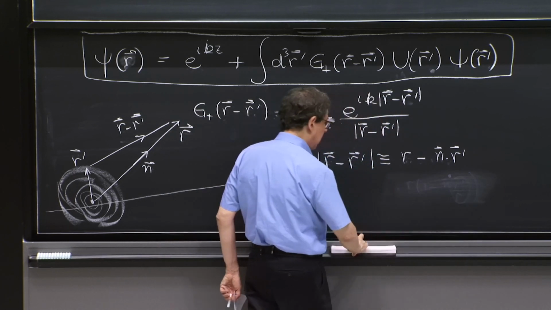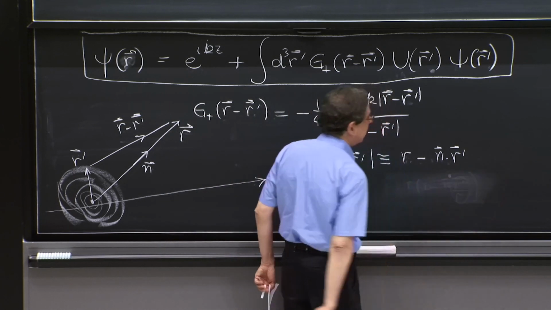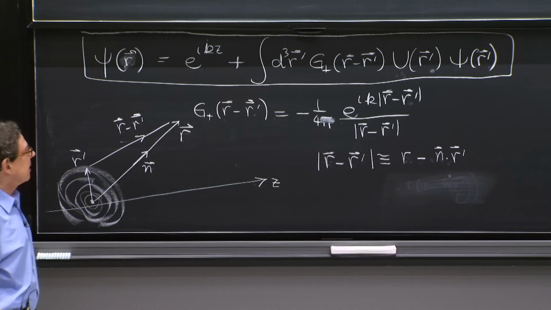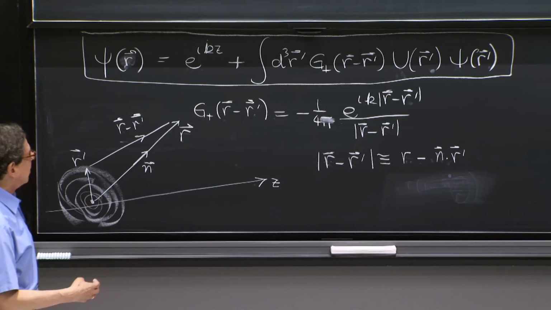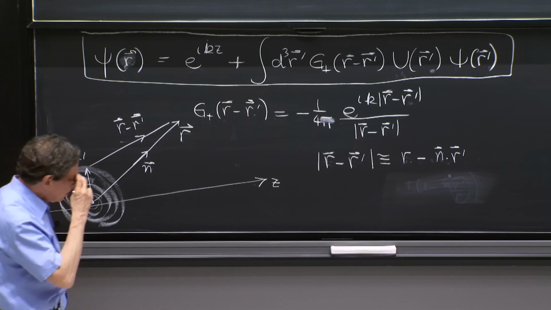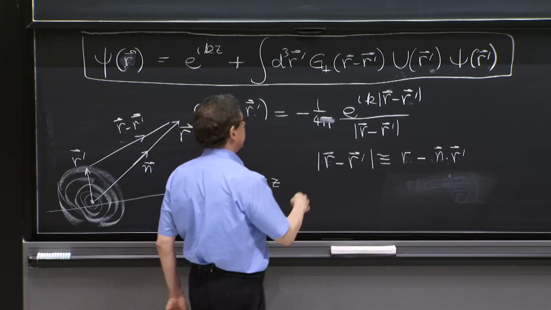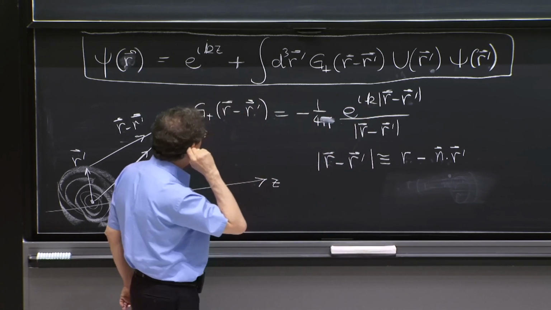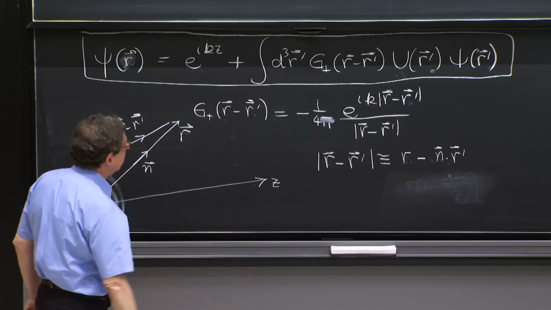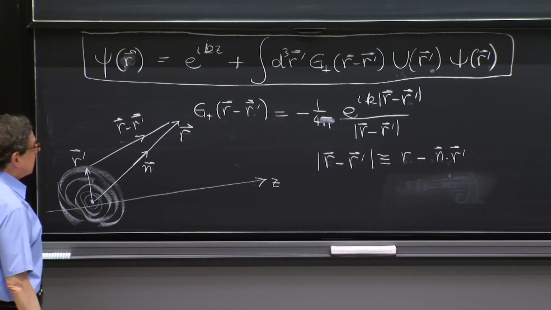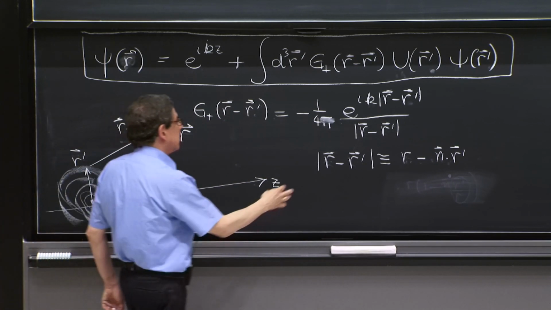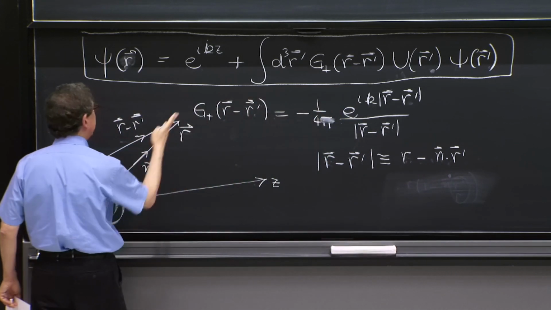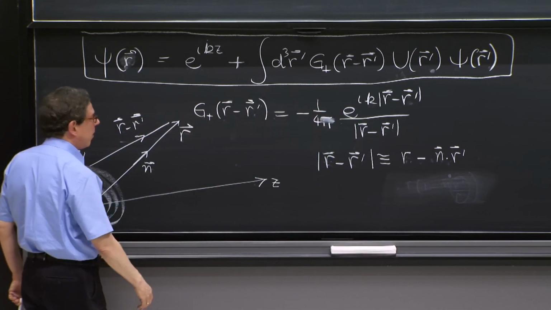We could even include more terms here, but those would not be relevant unless k is extremely high energy. So when k is very large, it would make a difference, but it has to be extremely large. And in general, this approximation is enough for any k for sufficiently far away.